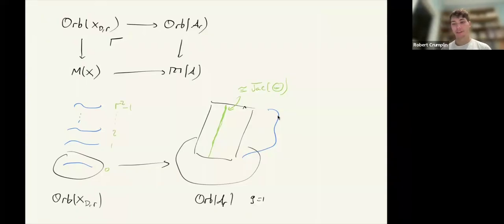So the strata upstairs are further decomposable by the torsion. You don't see the full Jacobians now. Okay, thank you.